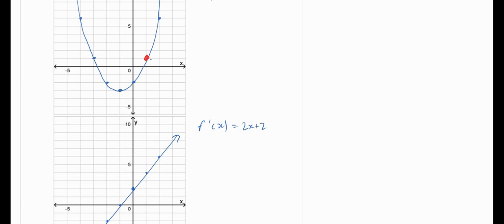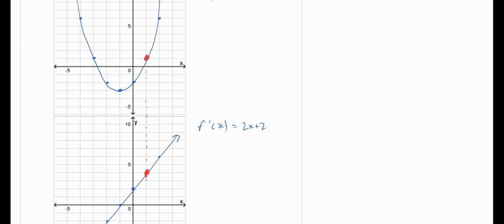How'd you get that? You said it right there. At x equals 1, the value of the derivative function, or the y value, is the slope of the tangent of the original function. That's the relationship.